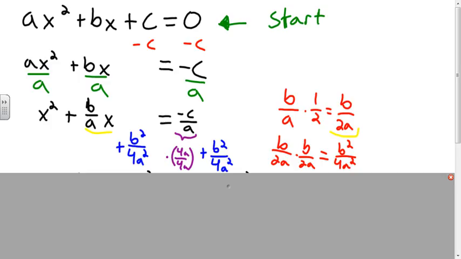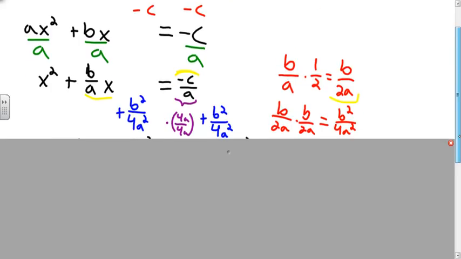So that's why we're adding b squared over 4a squared to both sides. As well, we're changing this term right here, our negative c over a, into a fraction over 4a squared, so that we can combine them. That's why we're multiplying it by 4a over 4a.